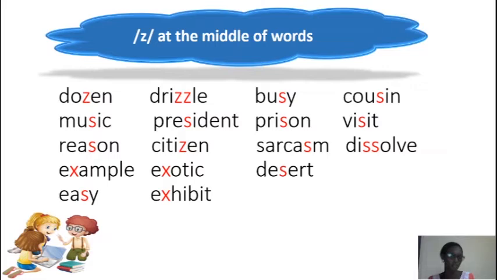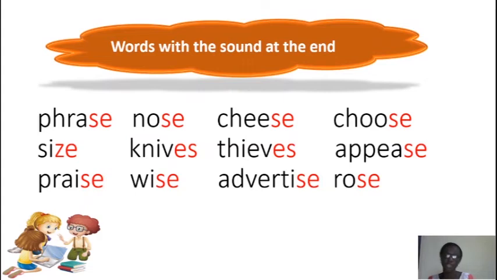Desert, easy and exhibit. So all these words have different symbols. We have Z, we have S, we also have X, and all of them are giving us the Z sound at the medial position.